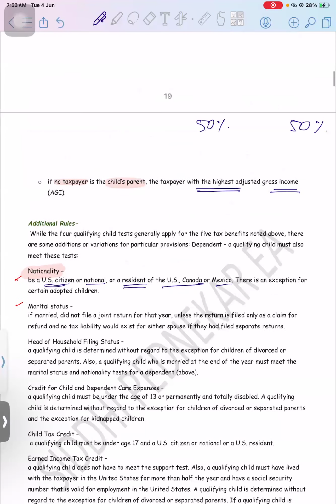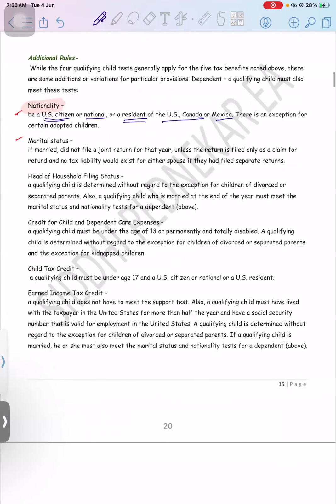qualifying child status. Marital status: the child should not be filing a tax return as MFJ with the spouse, right? So if married, the child did not file a joint return for that year unless the return is filed only for claiming a refund. Just for claiming a refund, if they are filing the return, that's fine.